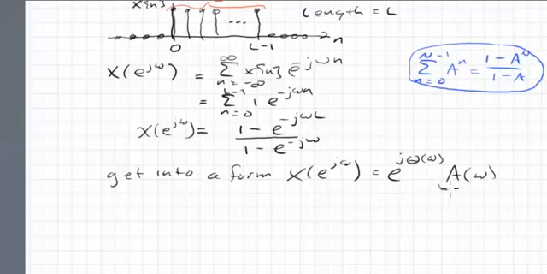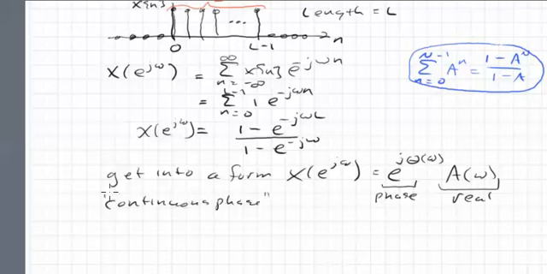So we're going to have a purely real part and another part that contains most, but not all, of the phase information. It's very useful to get it into a form that looks like this, and this is called a continuous phase representation. All right, that we'll talk about on the next video.